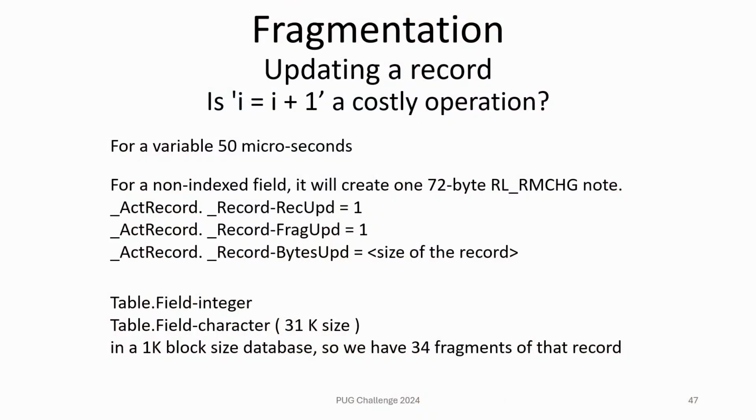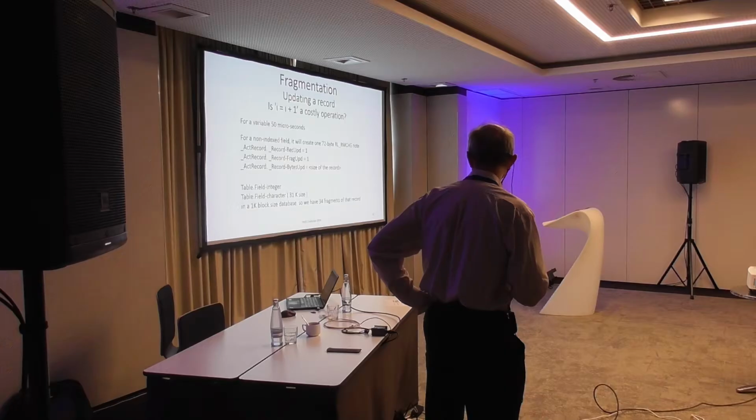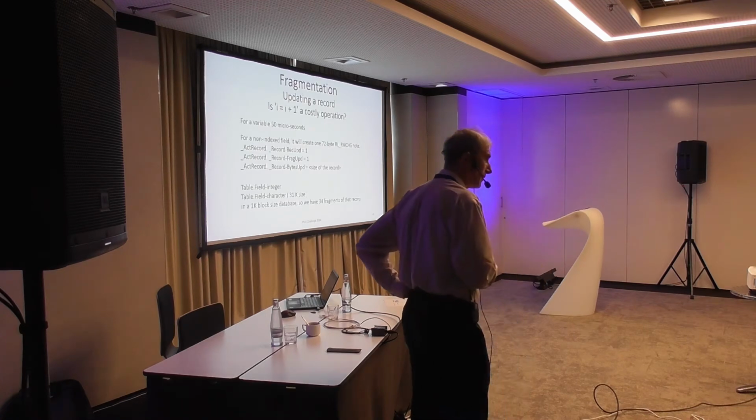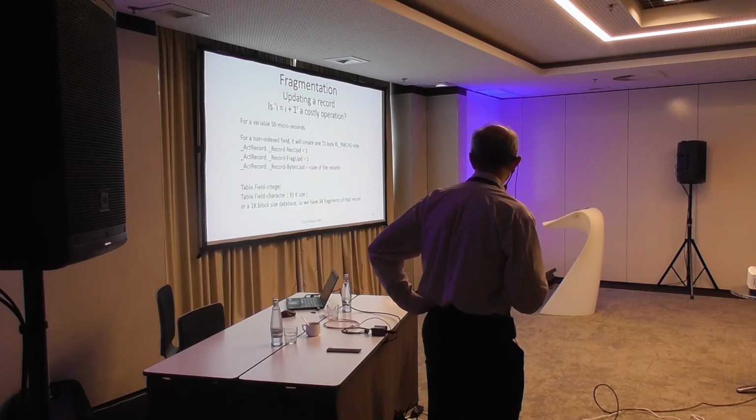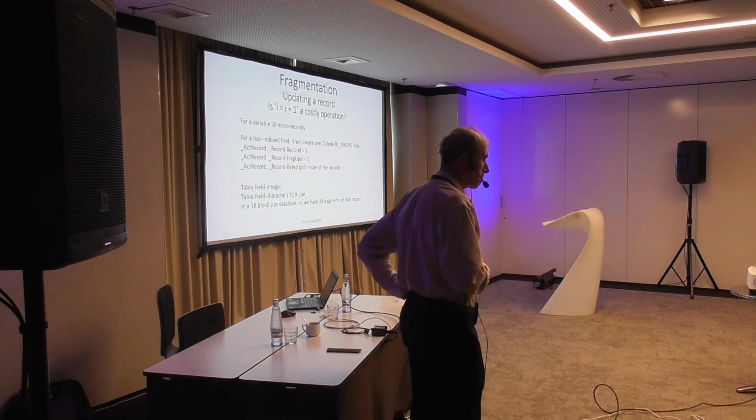Let's see what happens if the record is fragmented. For this test, we took a 1K block size database, which is helpful just for the test. We created a table which has two fields, one integer and one character, and the character was almost the maximum, 31K. So we ended up with a record which has 34 fragments. We tried to make the most of it.